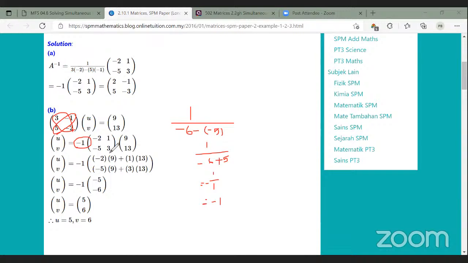As for this negative 2, 1, negative 5, 3 here, basically what happens is that the 3 and the negative 2, you just switch places. So you can see the negative 2 and 3 here. And the negative 1 and 5, you times it by negative 1. So negative 1 times negative 1, you'll get 1, and 5 times negative 1, you'll get negative 5.